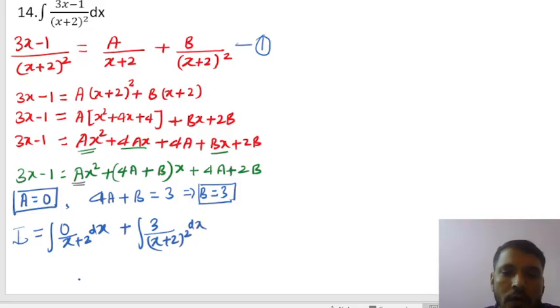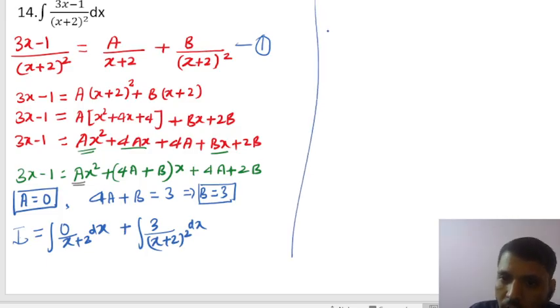All right. Now we have to apply the integration formula here, means our I finally will become 0 and I two values.